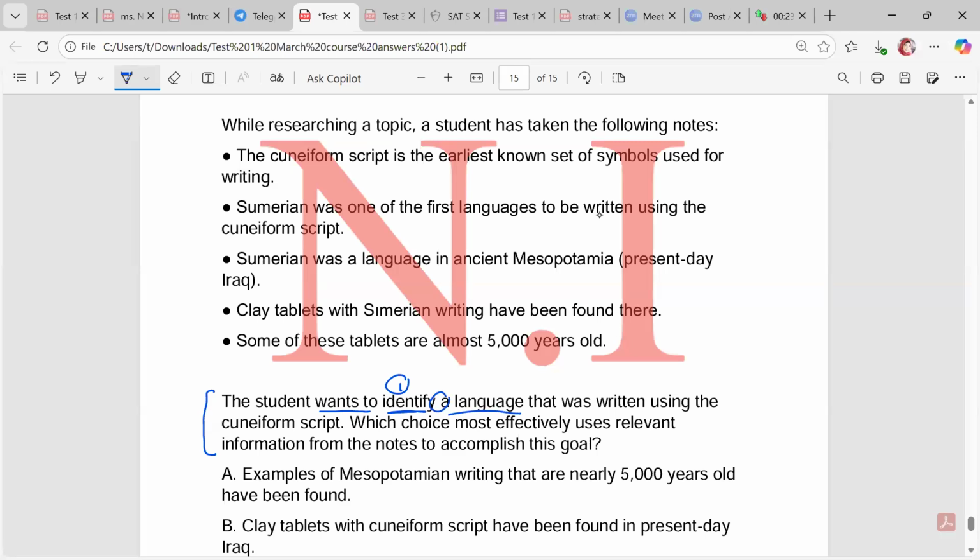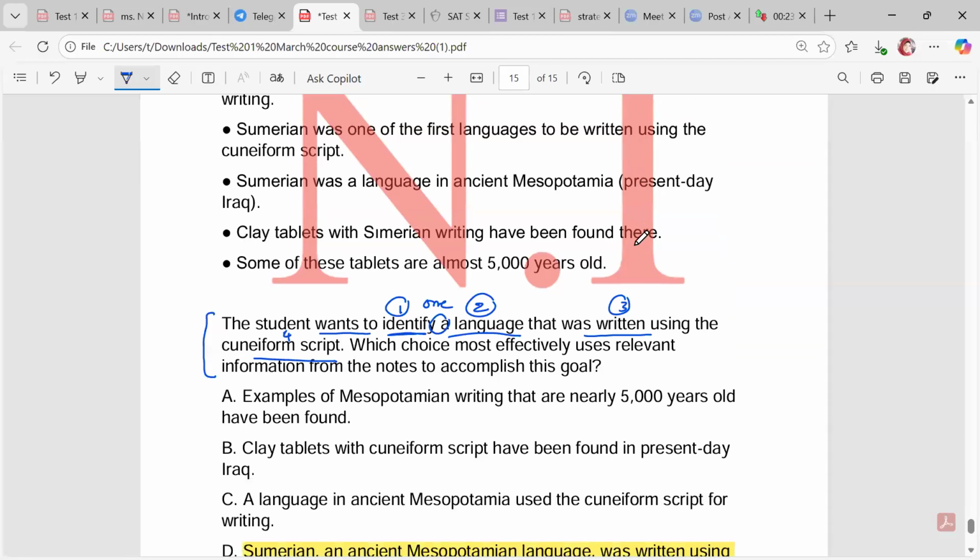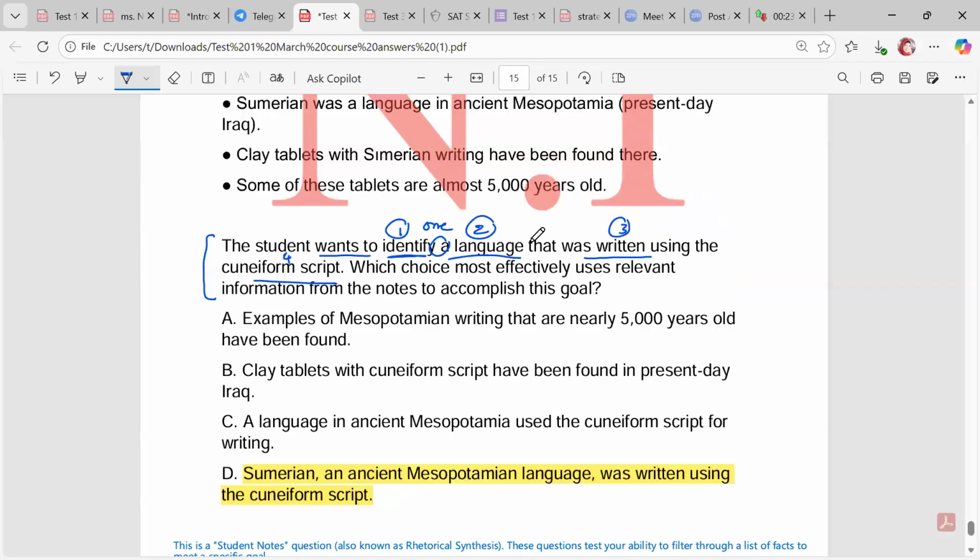A means one. Language means one language that was written using the cuneiform script, using this kind of script. In such a question, you don't have to go for the notes since the goal is very clear.